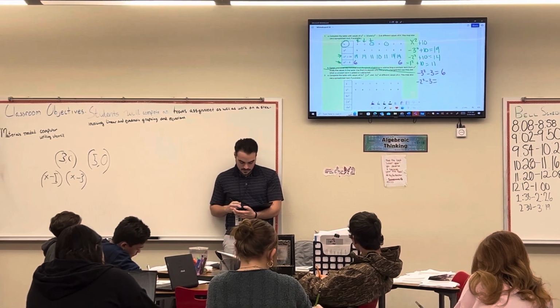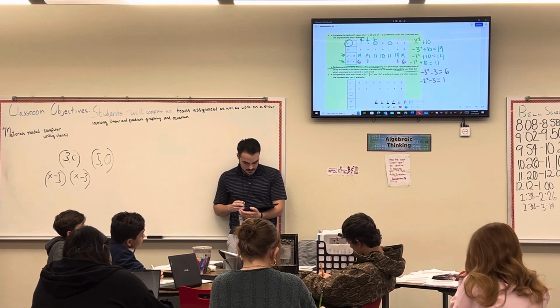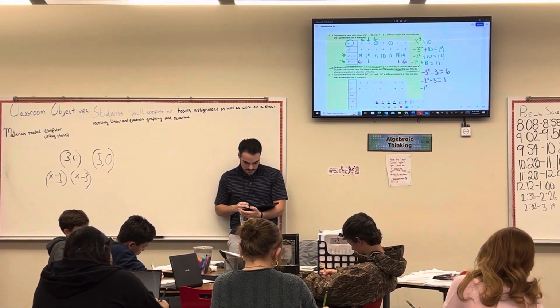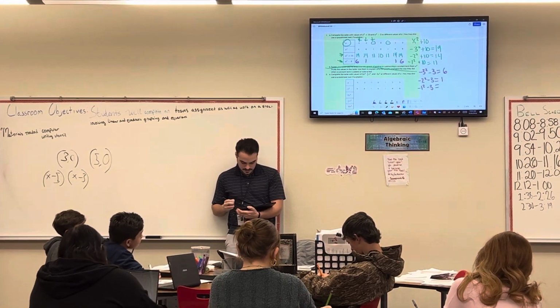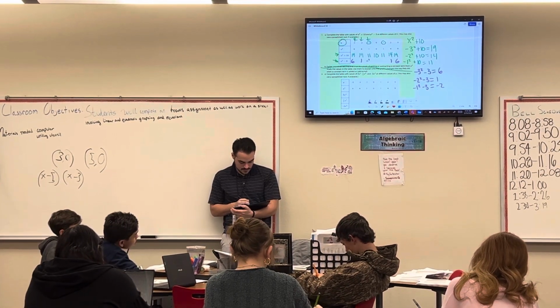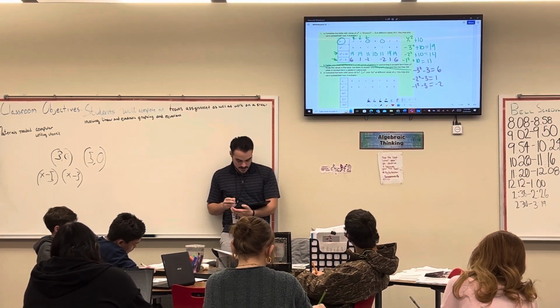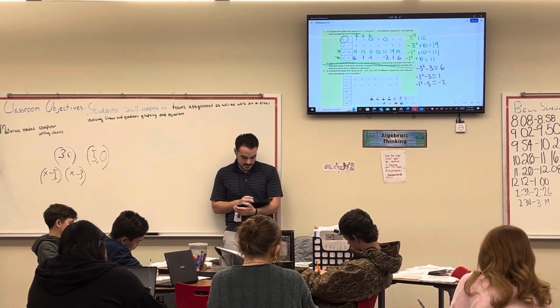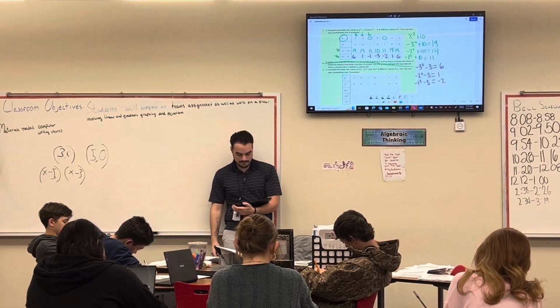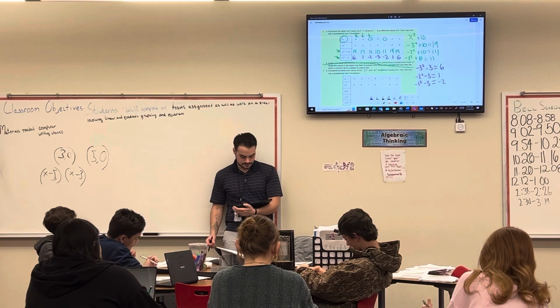Negative 2 squared is 4. 4 minus 3 is 1. You can do it to the other side as well. Okay, and then we got negative 1 squared minus 3. 1 minus 3 is negative 2. So we got negative 2, negative 2. Right, there it goes. And then we got 0. 0 squared minus 3 is negative 3. Got it? Easy peasy. Awesome.